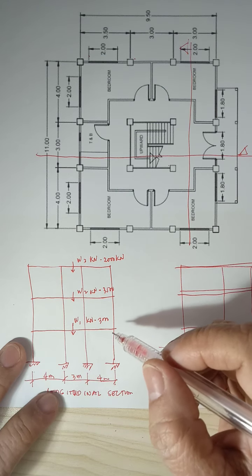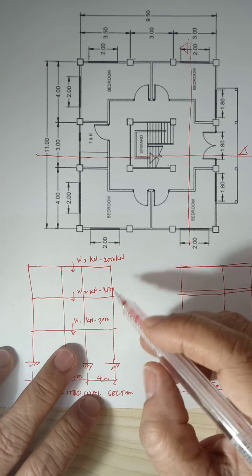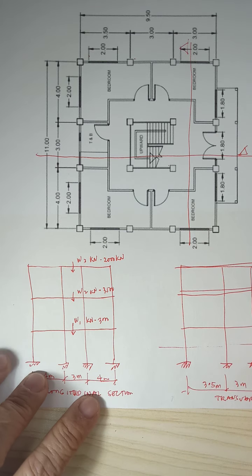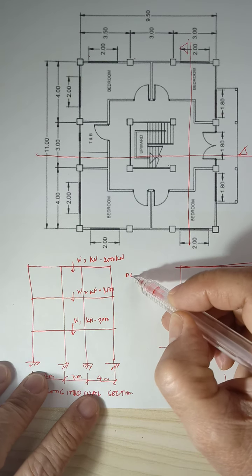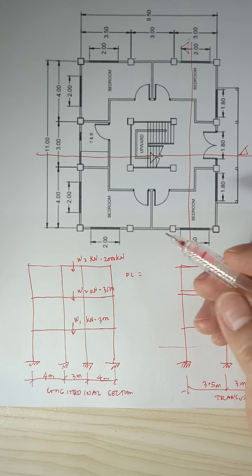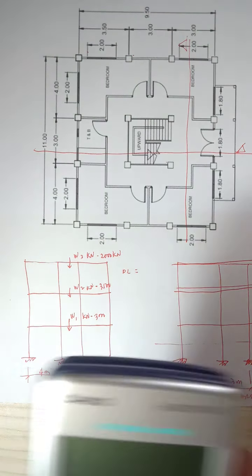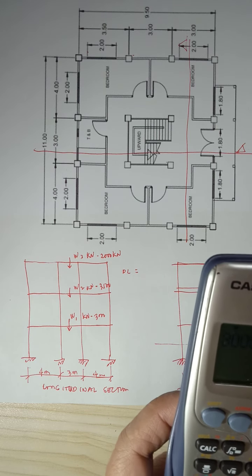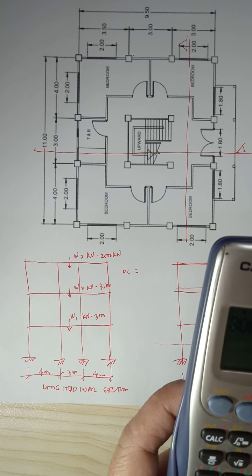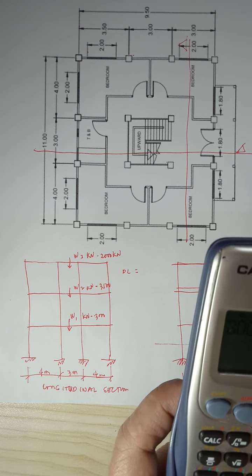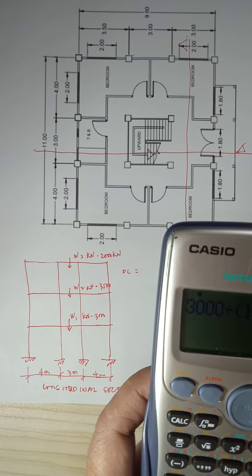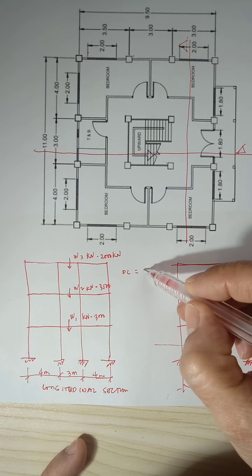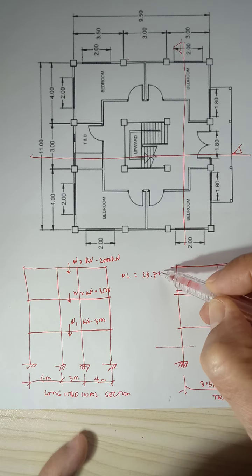If you divide this by the total floor area, your dead load expressed in kilopascal will be equal to 3,000 divided by the area, which is 11 times 9.5. So that will be 28.7 kilopascal.